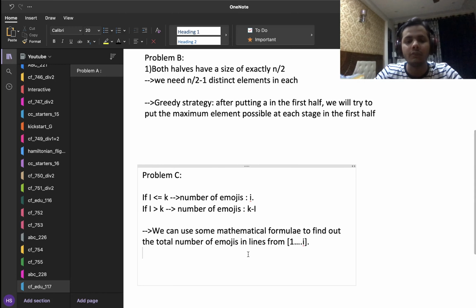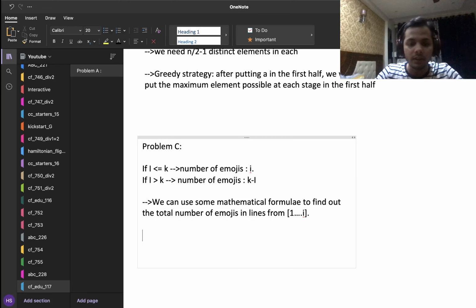And let's see what these formulae are. First of all, if i is less than or equal to k, then I need to find 1 plus 2 plus 3 up till i. This is a very well known formula. This is just going to be i into i plus 1 upon 2.